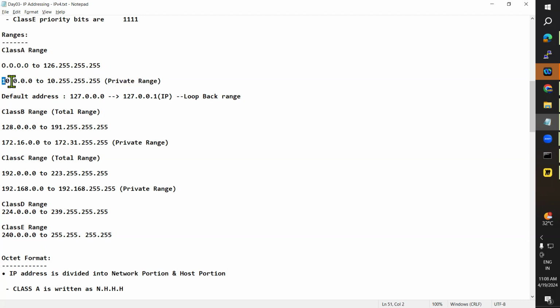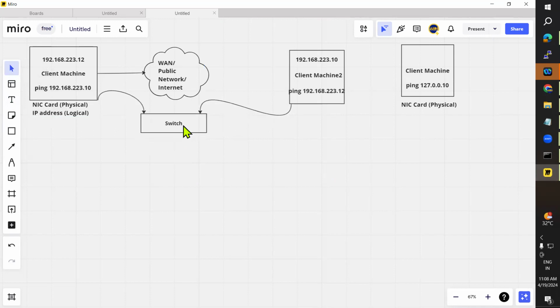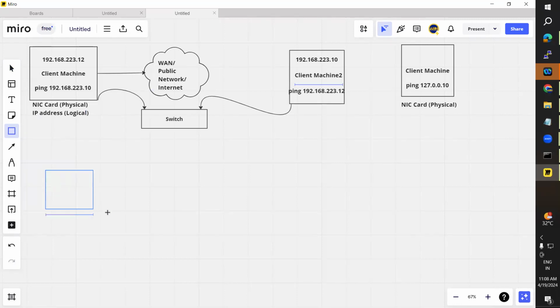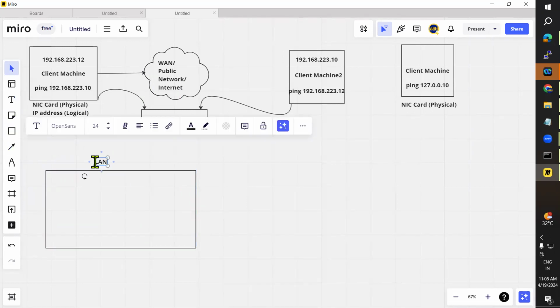So this is 10. The range 10 is 10.0.0.1 to 10.255.255.255. So how will the user outage happen? Let's understand this. For example, in an organization, let's say this is a LAN, local area network.